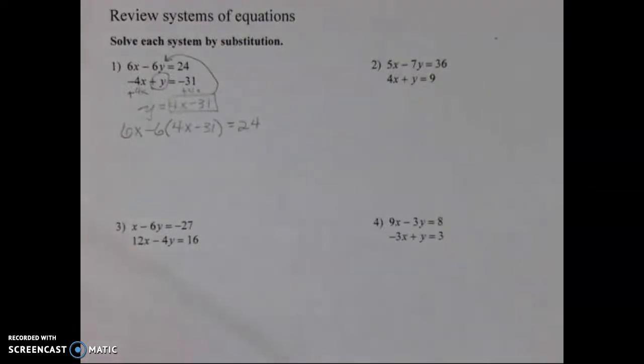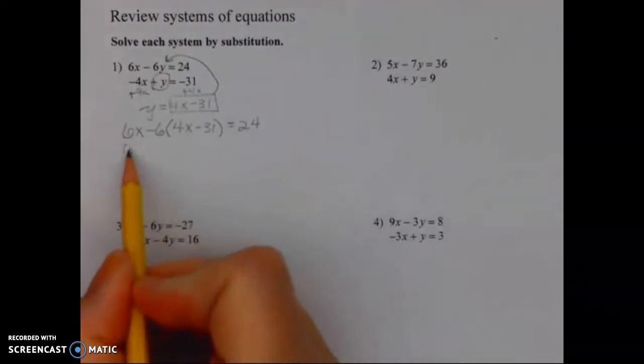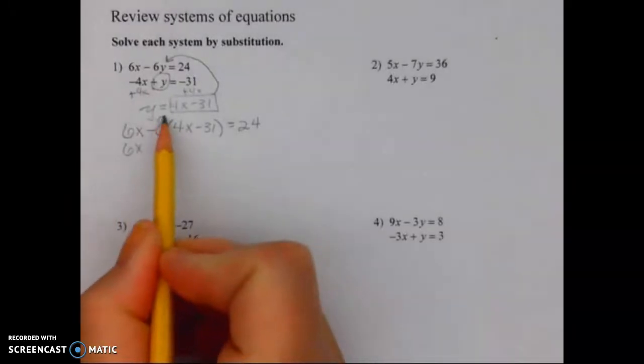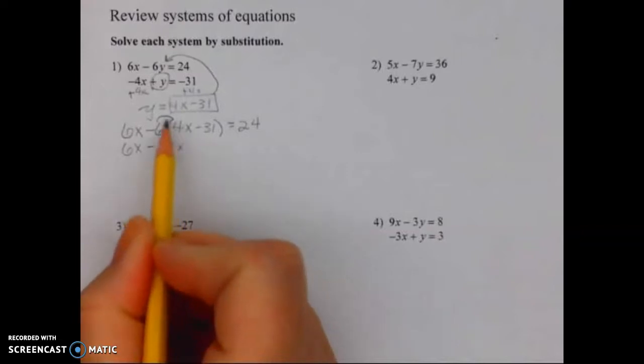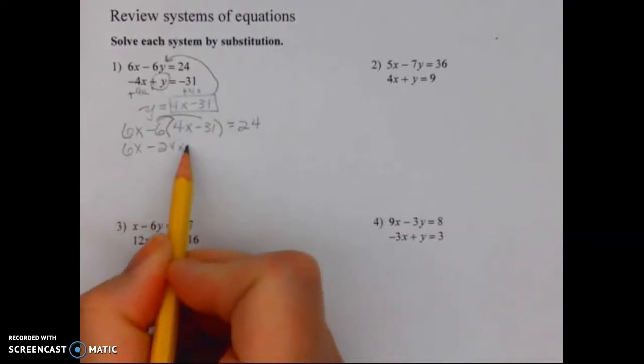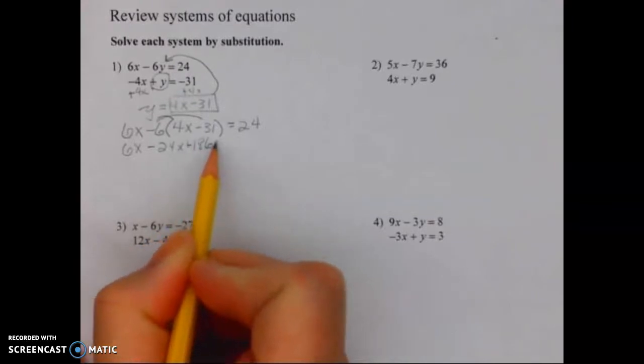And then we'll solve for the x. Distribute the 6 here, and I get negative 24x. When you multiply here, you get a positive 186.